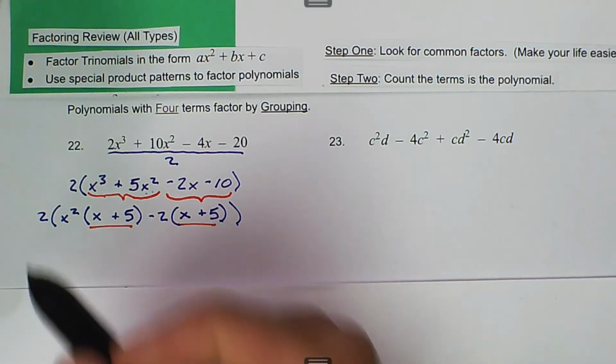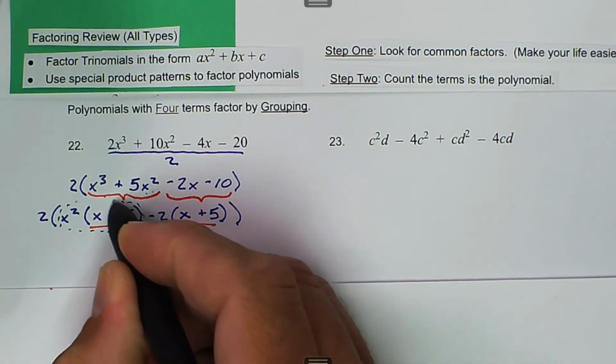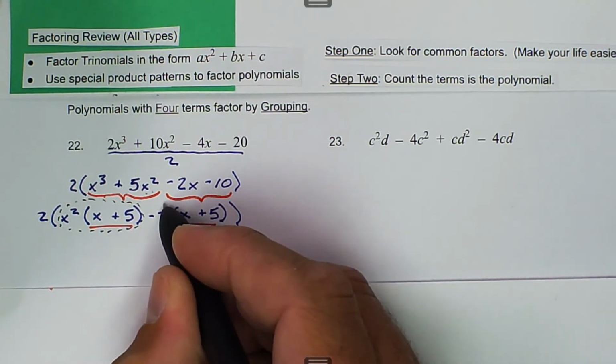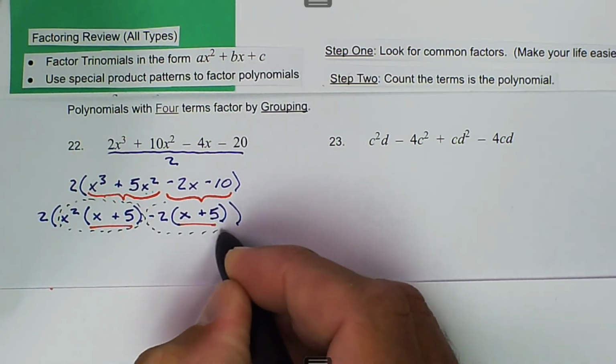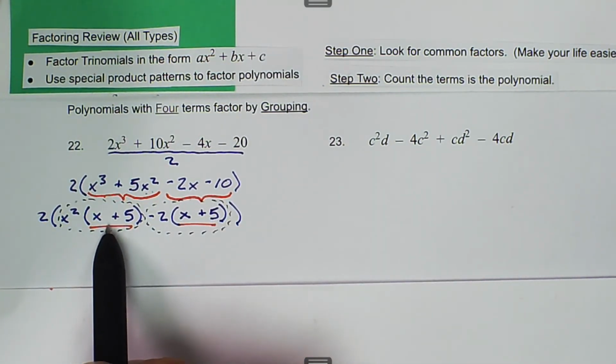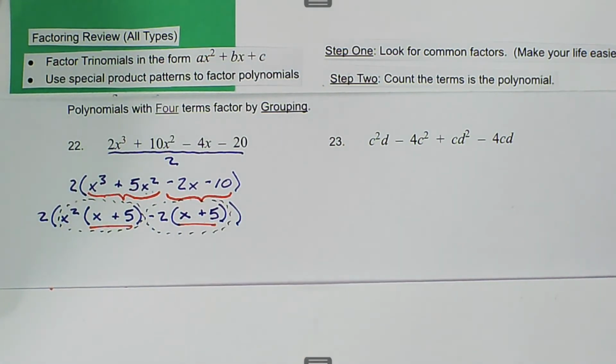We have the first term right here, which is x squared times the quantity x plus 5. And we have our second term, which is negative 2 times the quantity x plus 5. But we do have a common factor between the 2 terms, and that's x plus 5. So we're going to pull that out front.